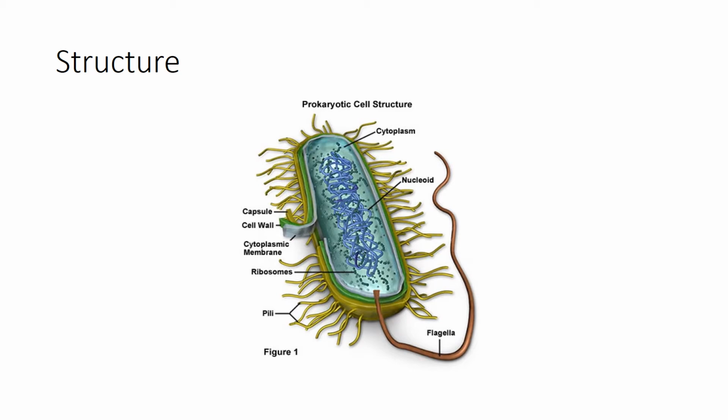Then cell walls also are important in not allowing some cells that are hostile to prokaryotes, like white blood cells inside the animal or human organism, to destroy prokaryotic cells.